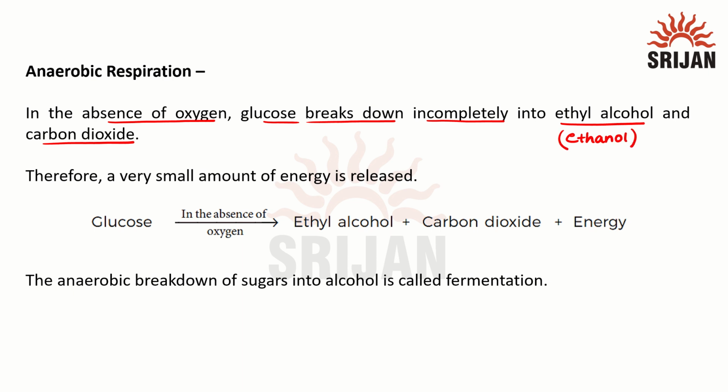Now the equation can be summarized as glucose in the absence of oxygen gives us ethyl alcohol or ethanol, carbon dioxide and energy. And this chemical reaction where the sugar is broken down anaerobically to give alcohol, this process is termed as fermentation.